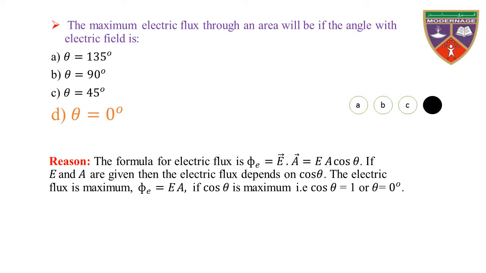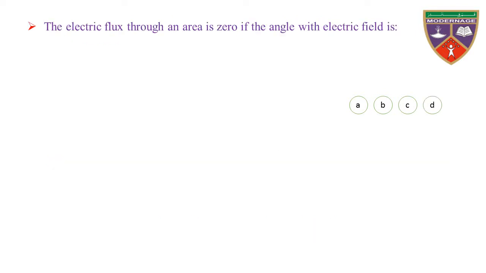The electric flux is maximum, which is phi equal to EA, if cos theta is maximum, that is cos theta is equal to 1, because the maximum value of cos theta is 1, or theta is equal to 0 degree, because cos 0 is equal to 1. Hence, the electric flux is maximum if theta is equal to 0 degree.